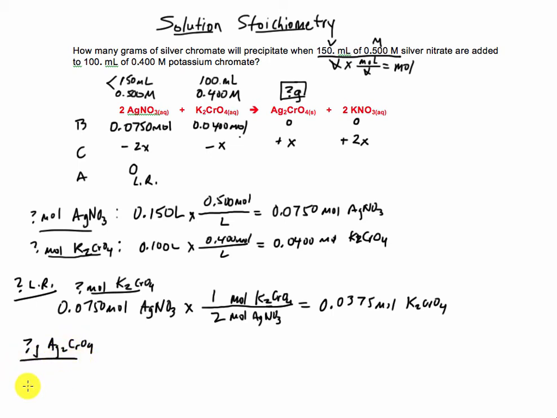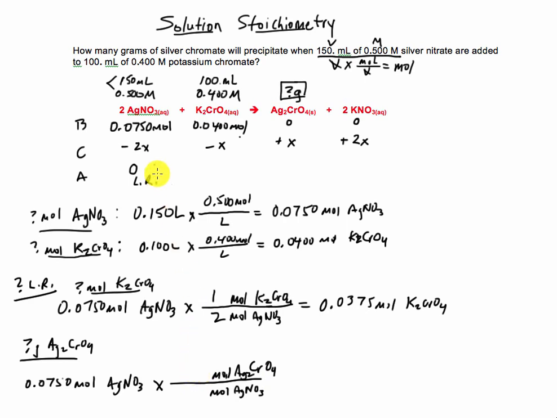To do that, I take my 0.075 moles of potassium chromate, or sorry, silver nitrate, because that's my limiting reactant. I'm going to convert that from silver nitrate to the moles of silver chromate.